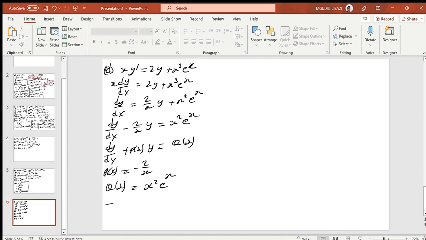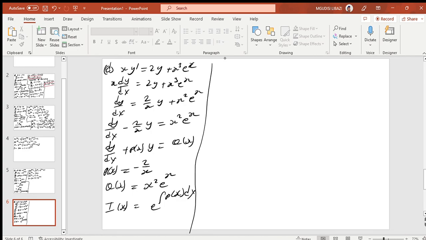Then finding our integrating factor, I of x will be e raised to the integral of p of x dx. Our p of x is negative 2 multiplied by 1 over x, which is the same as negative 2 over x, dx.